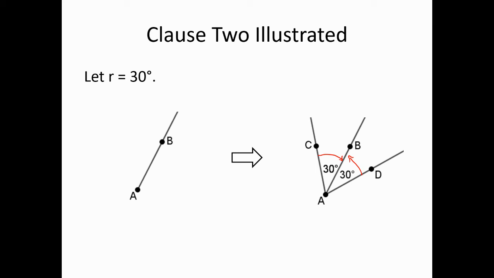Okay, so again, what the protractor postulate says is this: every angle has a measure. And second, clause 2, if we have some ray and some measure that we wish to create, then we can create two rays with the same endpoint as the original ray, such that we get two angles, one on one side, one on the other, really, that have the desired measure. Okay. All right, so there's clause 2 illustrated.